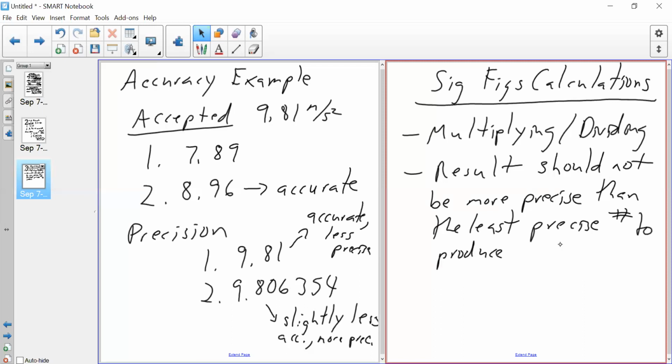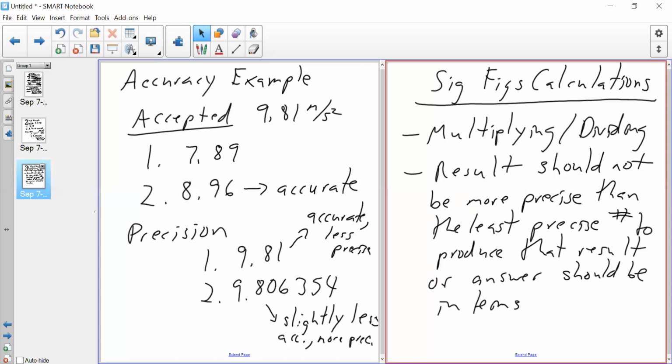That's wordy. Or: the answer in terms of least sig figs.